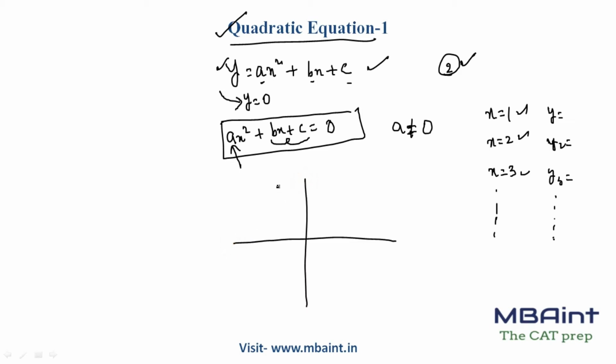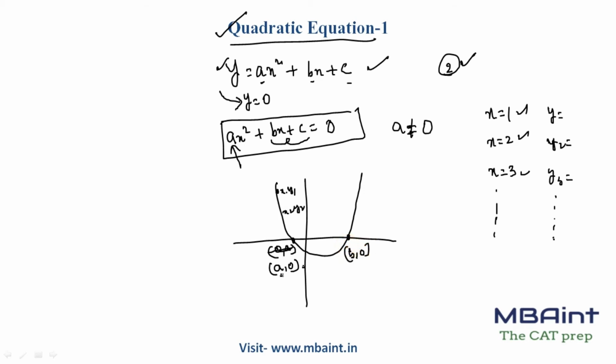Either it might be an upper facing parabola, something like this, and all these points are nothing but, let's say, x1 y1, x2 y2, x3 y3. यहाँ पे जब देखोगे, here the value of y is going to be 0, and let's say this point is a comma 0, and here also the value of y is going to be 0, and let's say I can put this as b comma 0, okay.